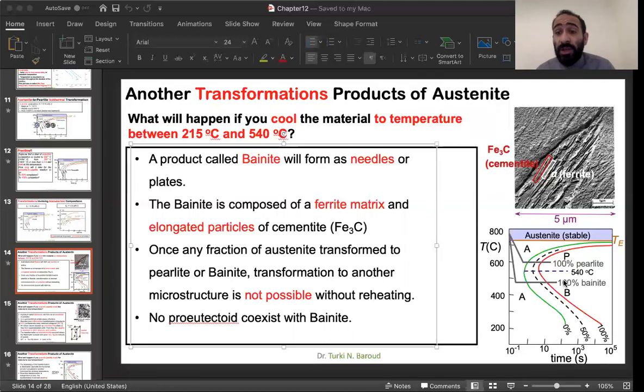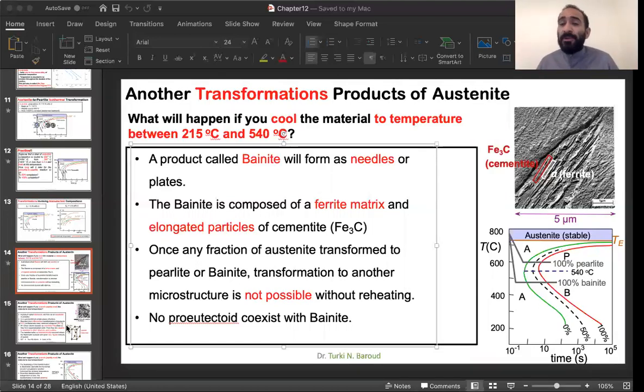The question is, what's going to happen if you take it from here all the way to room temperature? That means you are not actually providing energy to the carbon. The carbon cannot diffuse and cannot move. It's like you are freezing the carbon in its position.